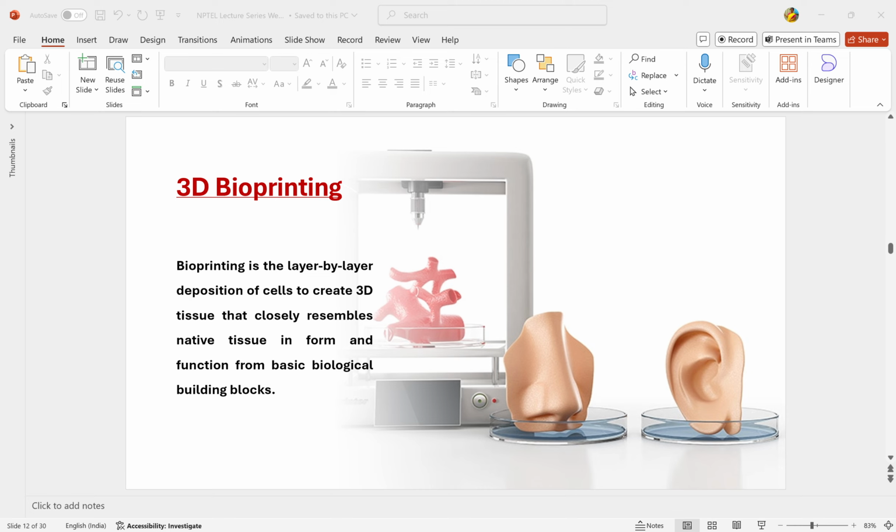And if it is an internal organ, then it is basically for organ transplant, because there is a high organ transplantation demand. The list is bigger compared to the organs available for transplanting. So to meet that demand, this 3D bioprinting technique is very useful. You can 3D print organs.